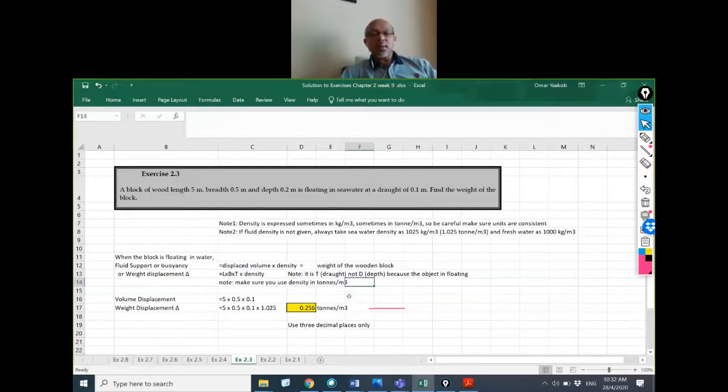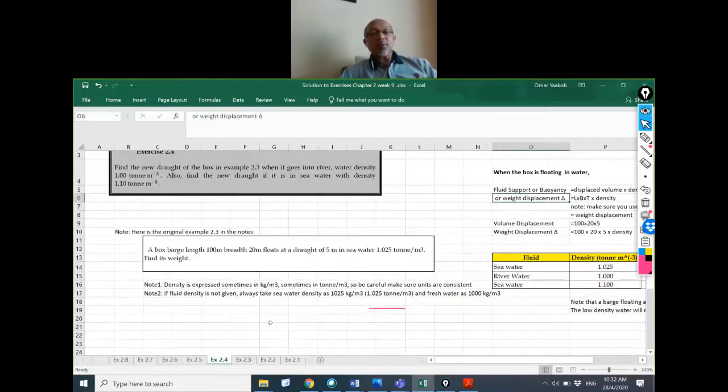Okay, so this is easy enough. Example 2.4. It's again the same one. Basically, you change the example before this, just a different seawater density. So you can do the same thing.